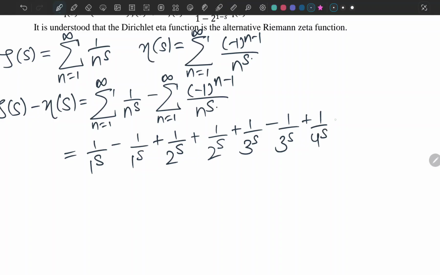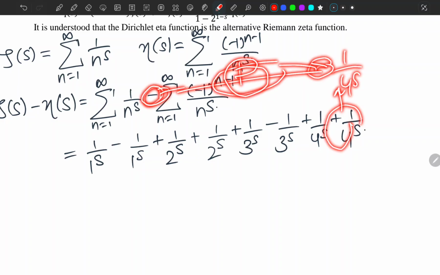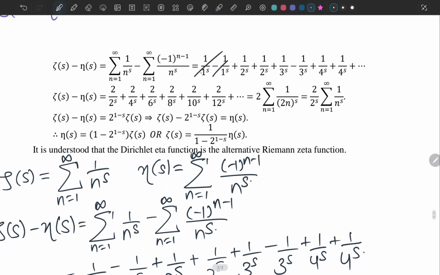Okay, so that is what we noticed here. And if we talk about 4 to the S, that's going to be positive, because eventually we have a negative factor. And if we talk about this term, this was negative 1 over 4 to the S. To neutralize that, they are going to be positive. So basically this one and this one cancel out, these two combine, this one and this one cancel out, these two combine.